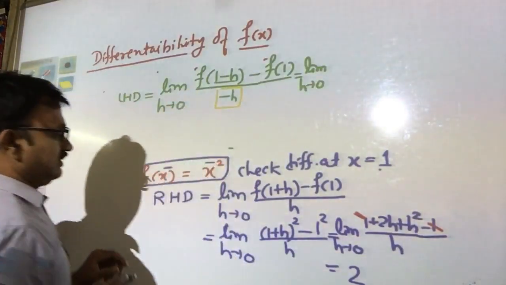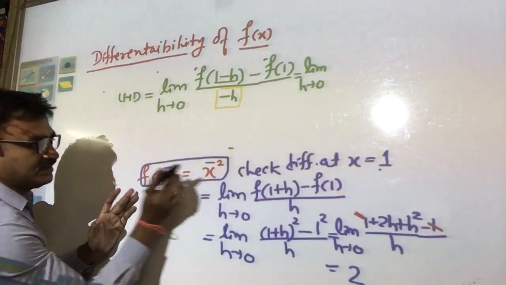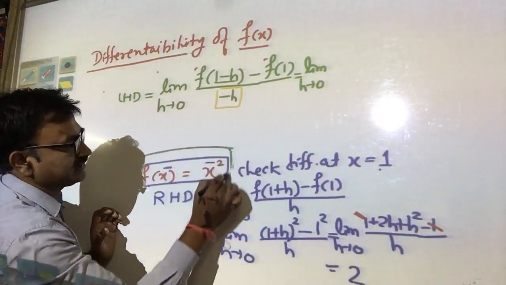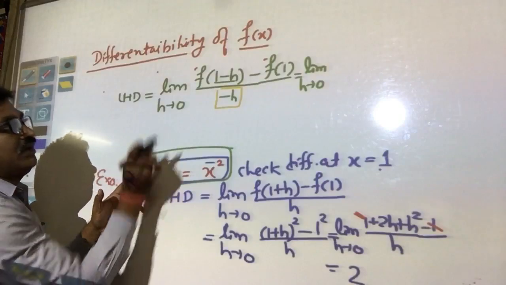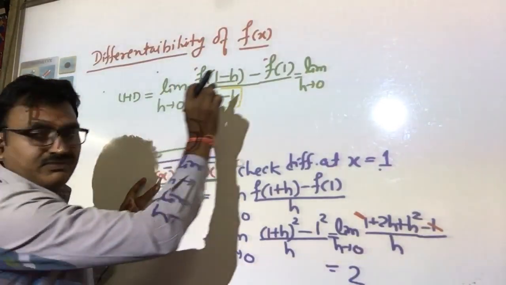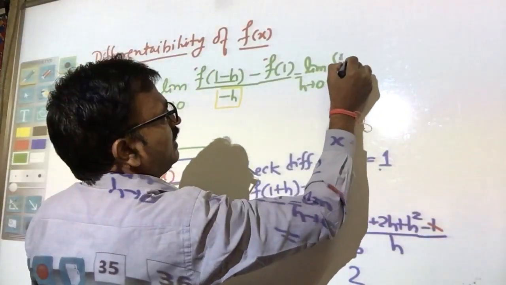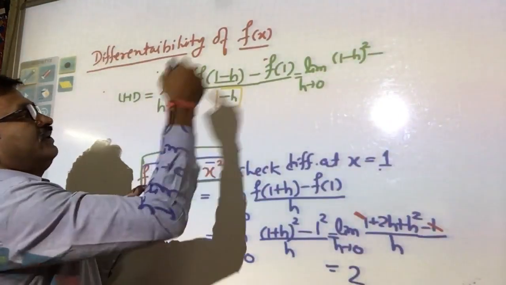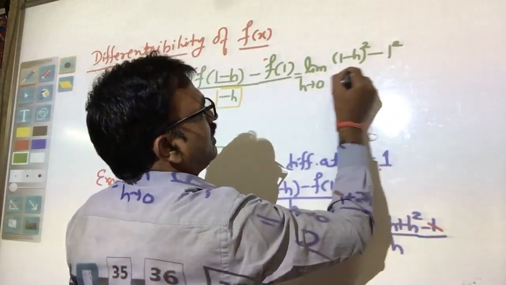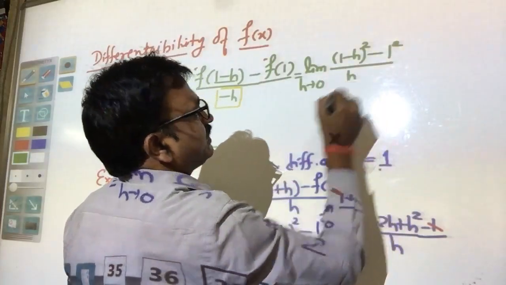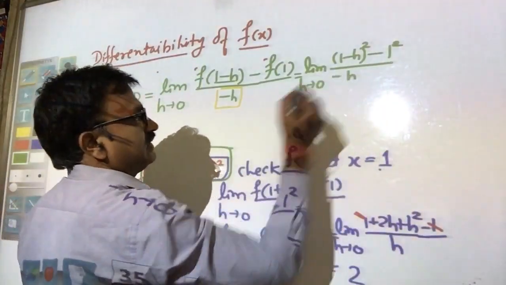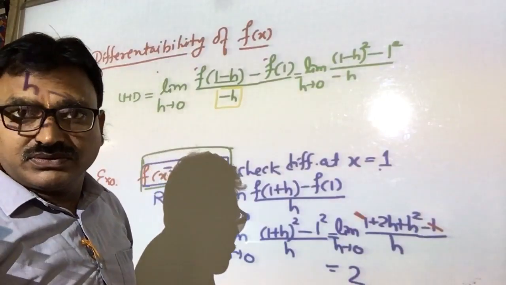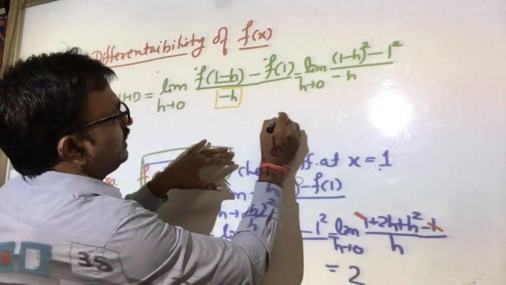Remember, the function f(x) is this. So what is f(1 - h)? The function f(1 - h) is (1 - h) whole square. And what is f(1)? It is 1 square, divided by minus h. So students, now again calculate it.